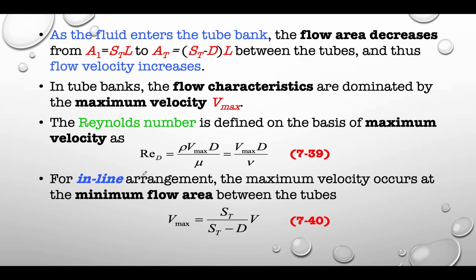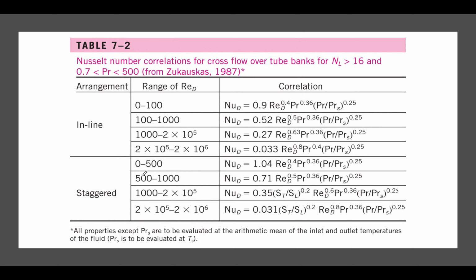After you find the Reynolds number, you have to check Table 7.2. Here we have arrangement, range of Reynolds number and correlation. So if you have an inline arrangement in the question, you have to compare and check the range of Reynolds number calculated from the V maximum.